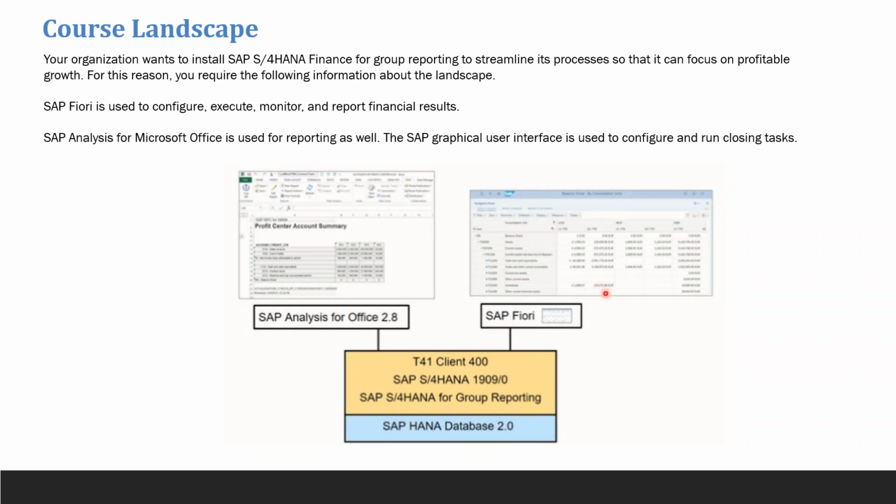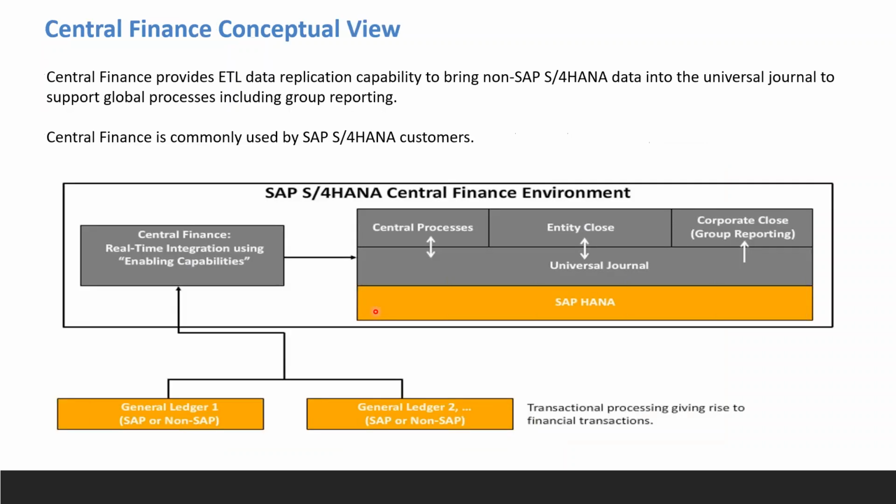Here we are using SAP Fiori for configuration and reporting as well. We can go ahead with SAP Analysis, but as of now, I never got an opportunity to work with SAP Analysis for Office. Here I'm always working with SAP Fiori only. So this is on the landscape side.